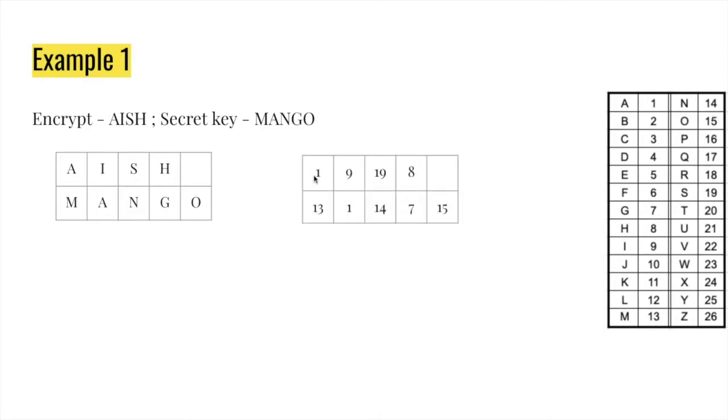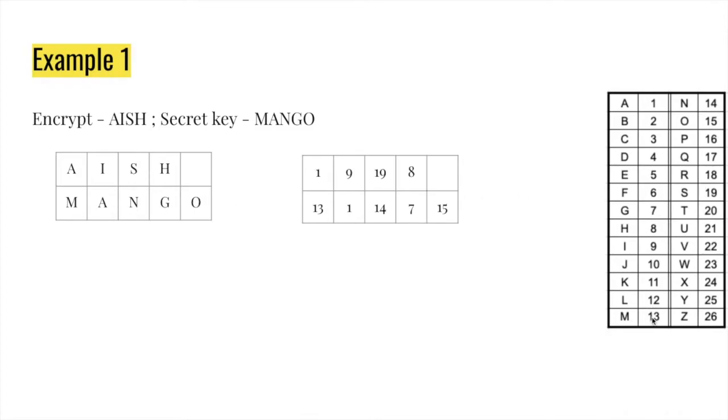So here we write the corresponding numerical value of each letter from this table on the right side. A corresponds to 1, I corresponds to 9, S corresponds to 19, and H corresponds to 8. That's why we have here 1, 9, 19, and 8. Now, similarly, let's write the numerical equivalent values of mango, which is our secret key.